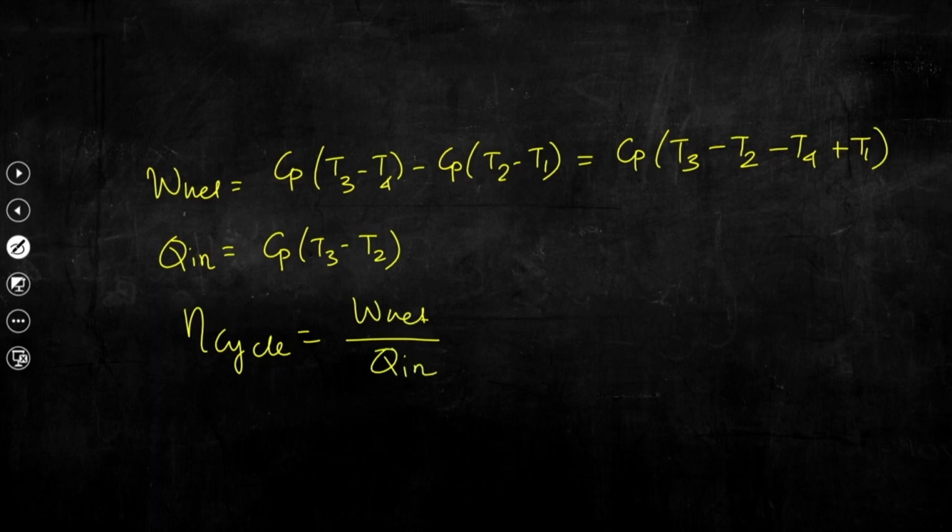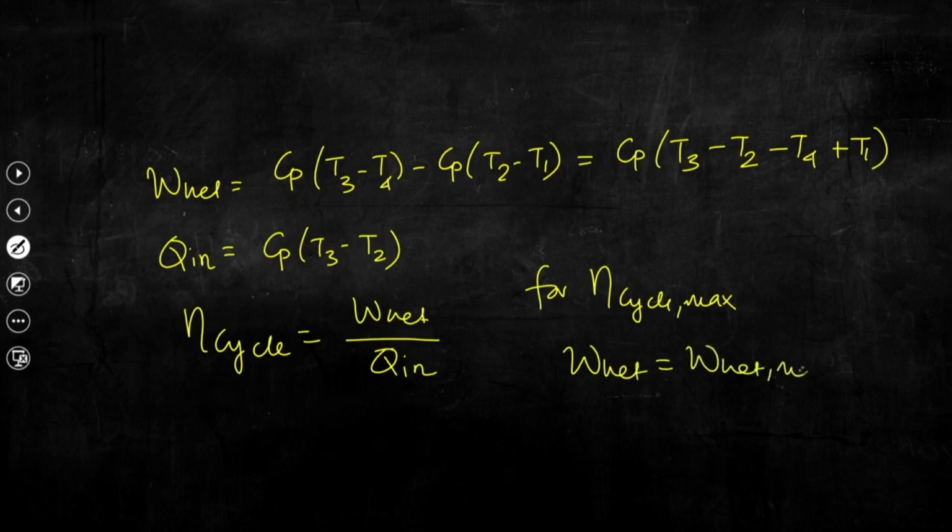So, for a given heat input, what would be the pressure ratio for which we can maximize the W net, so that we can ensure the cycle efficiency will be maximum? That means for eta cycle maximum, W net would be W net maximum.